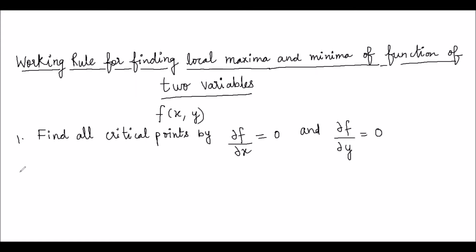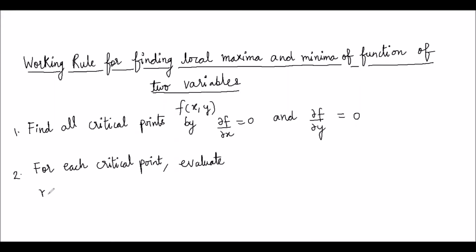Now once we have the critical points, for each critical point, the points which we have obtained in the first step, we will evaluate the second order partial derivatives. r is the second order partial derivative of f, del 2f by del x2.